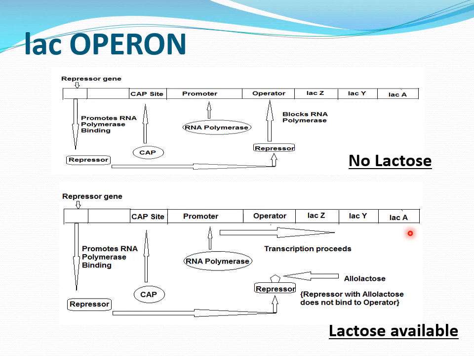So in this manner, these genes will be transcribed, and the three enzymes will be synthesized, resulting in the breakdown of lactose into glucose and galactose. Now this was the condition when lactose was available for the bacterial cell.